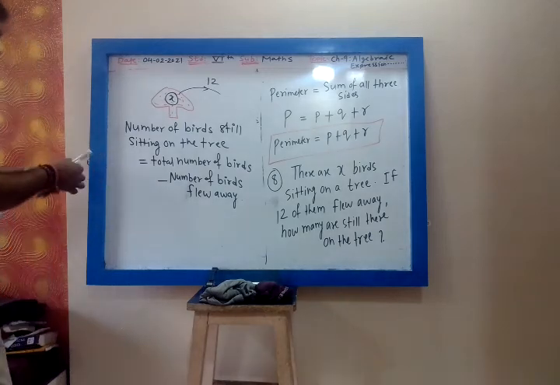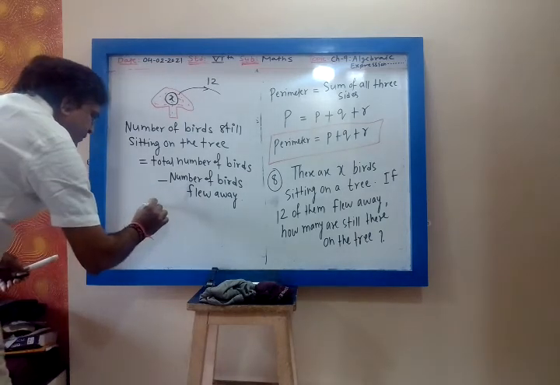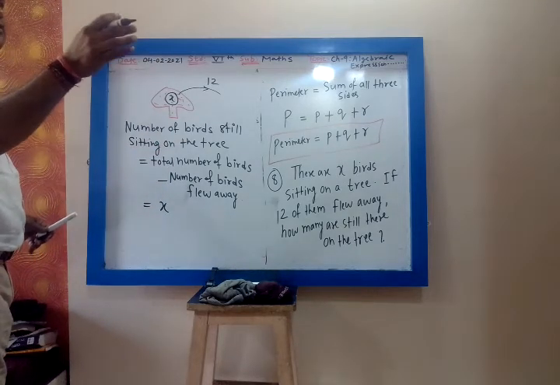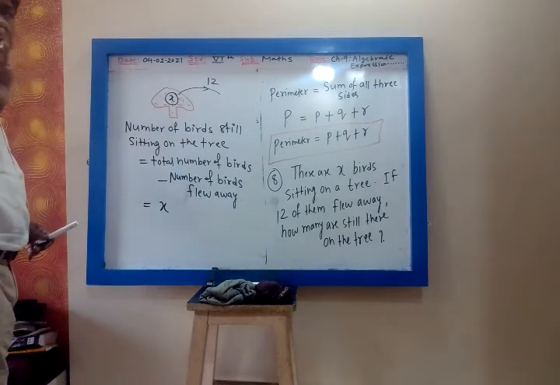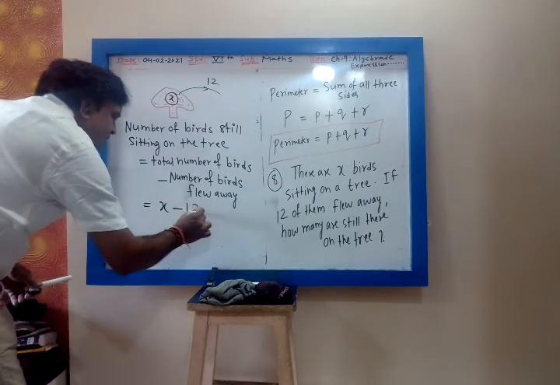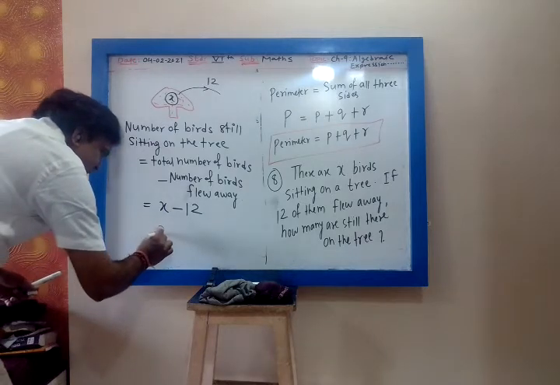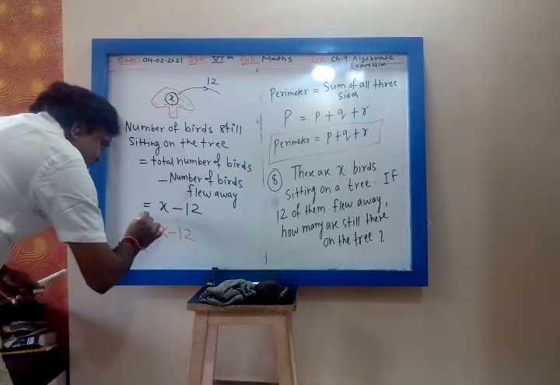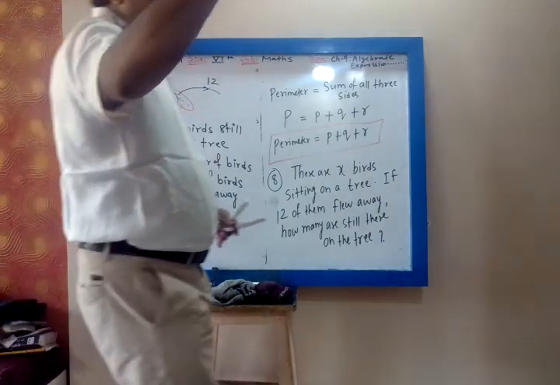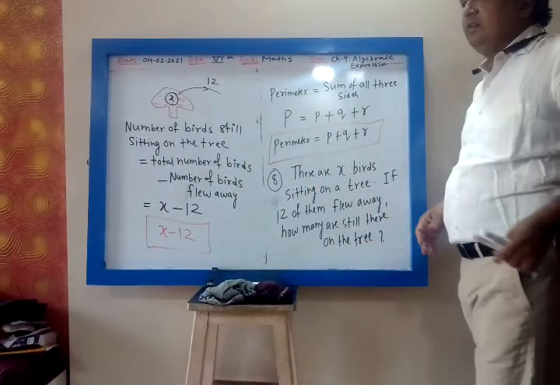Total number of birds is X. From that, how many flew away? 12. So that 12 birds I will subtract. That is X minus 12. So the answer is X minus 12. X minus 12 number of birds are still sitting on the tree.